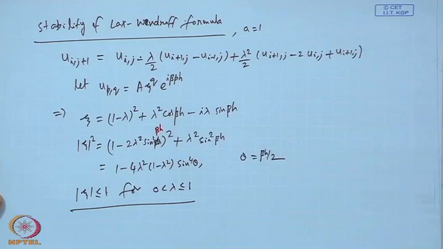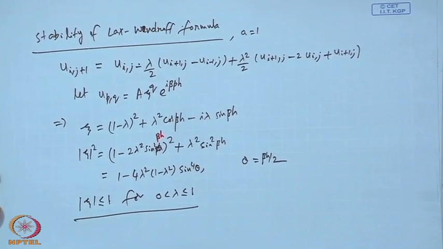So, this also tells that Lax's explicit method is stable for these values of lambda, which are coinciding with the earlier method which we have described.